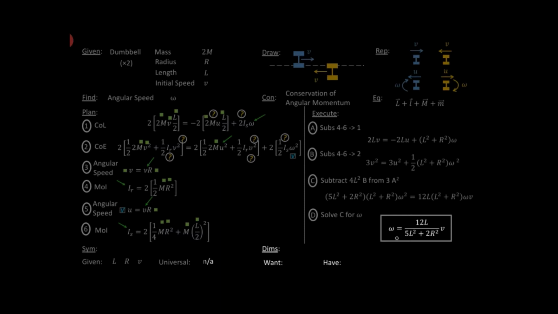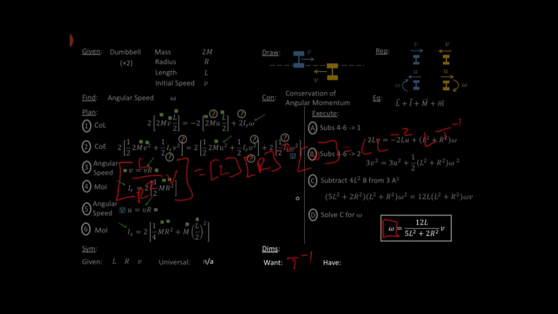Dimensions. Okay, what do we want? We want dimensions of frequency, which are t to the minus 1. What do we have? We have L over R squared times V. So that's the dimensions of L times the dimensions of R to the minus 2 times the dimensions of V. So that's length to the minus 2 times length times time to the minus 1, which just gives us inverse time.